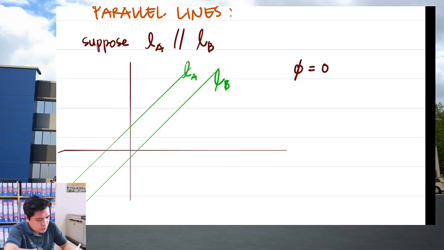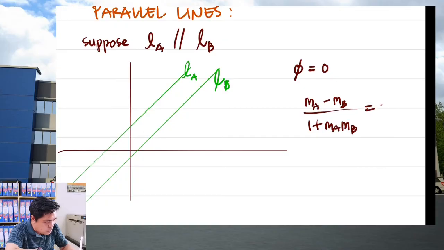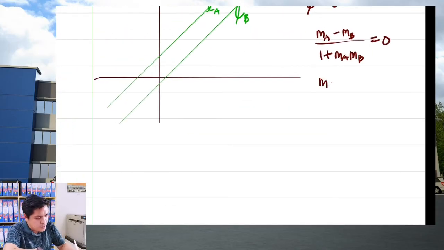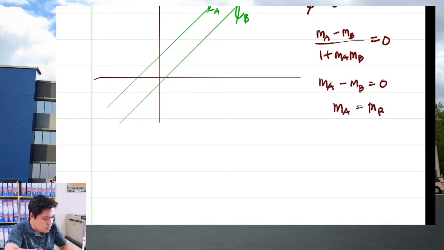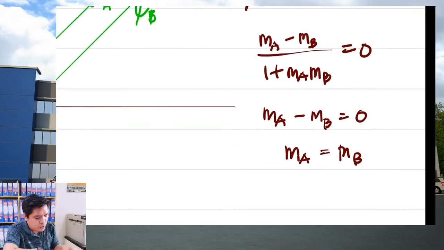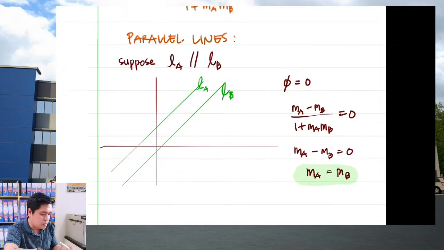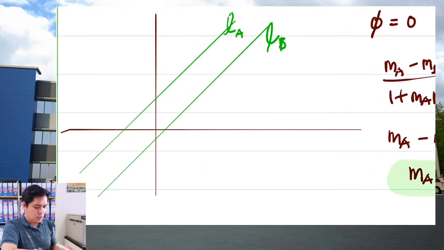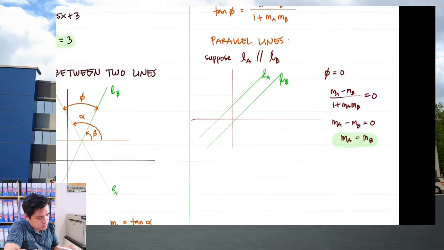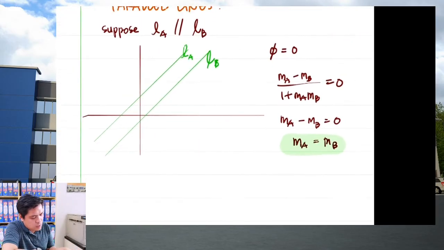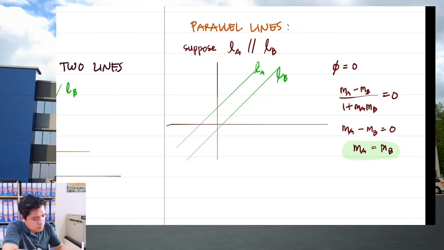So therefore, MA minus MB over 1 plus MA MB is equal to 0. Hence, MA minus MB is equal to 0. So MA is equal to MB. So what does that mean? For parallel lines, their slopes are just the same. Common sense. Kahit dito pa lang tingnan, they have the same slope. Okay, so that's it. Now, let's look at perpendicular lines.